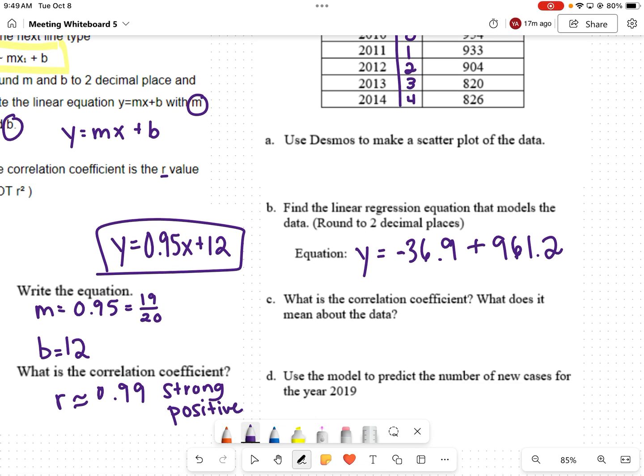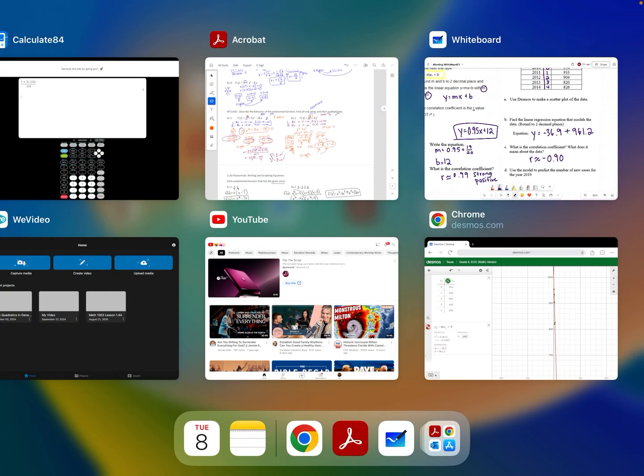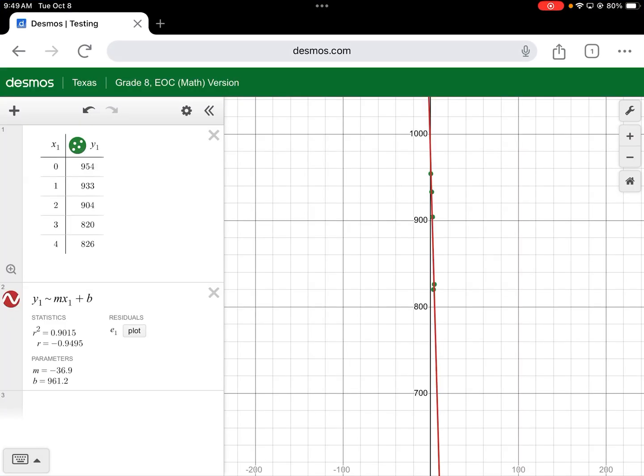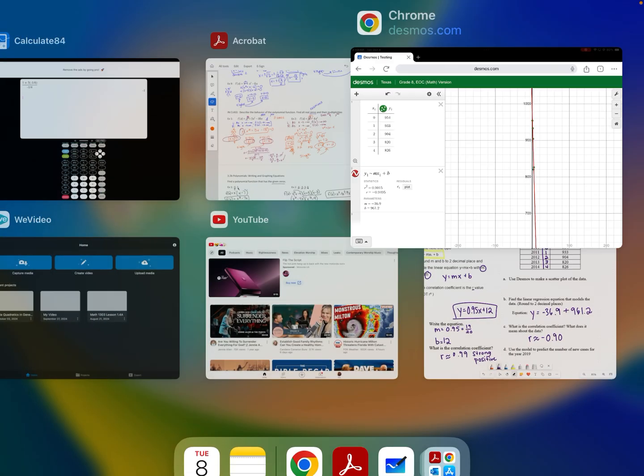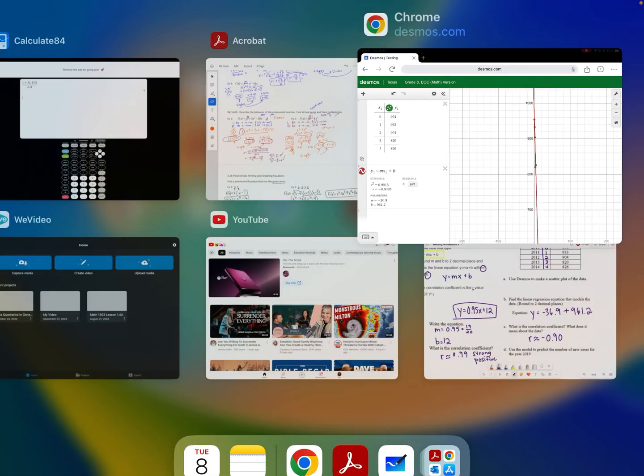We also need our correlation coefficient, R. Okay, R is approximately negative 0.95 if we were to round.